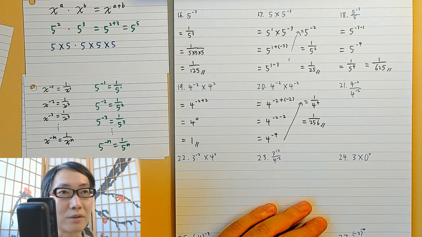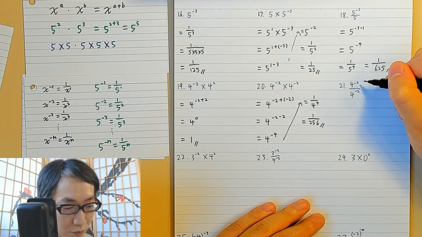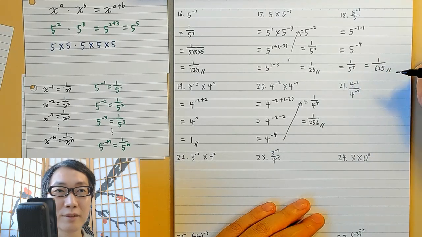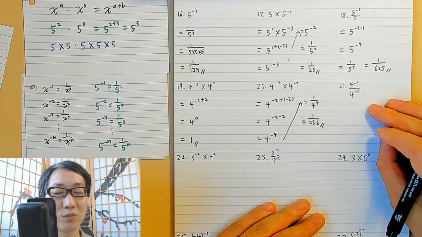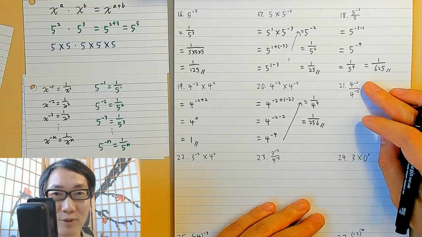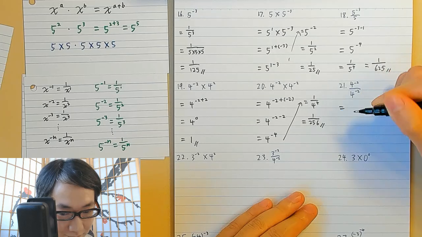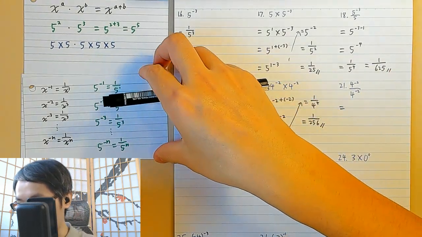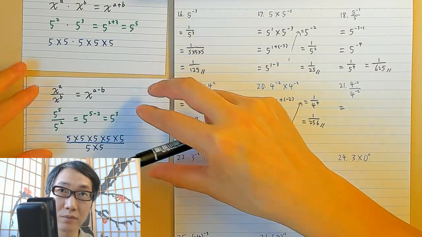And 21. 4 to the power of -2 over 4 to the power of -2. Okay. So because the numerator and denominator are the same number, this is just 1. Right? However, we can still use the indices way to do this. So then we use this rule.